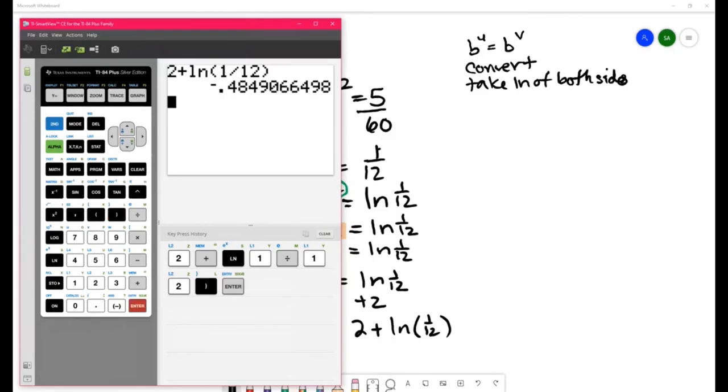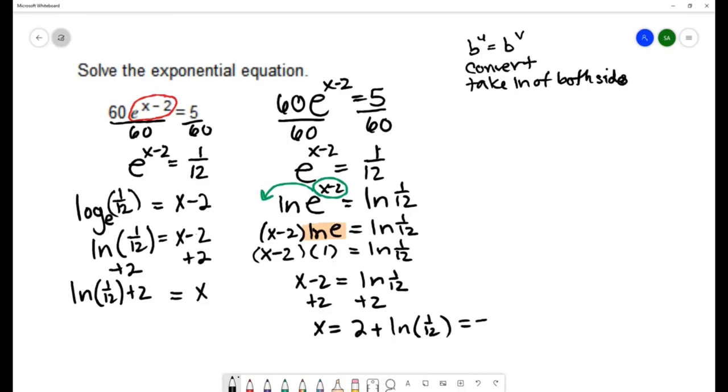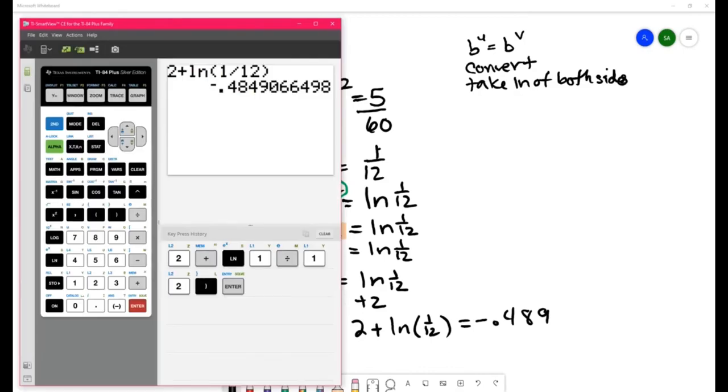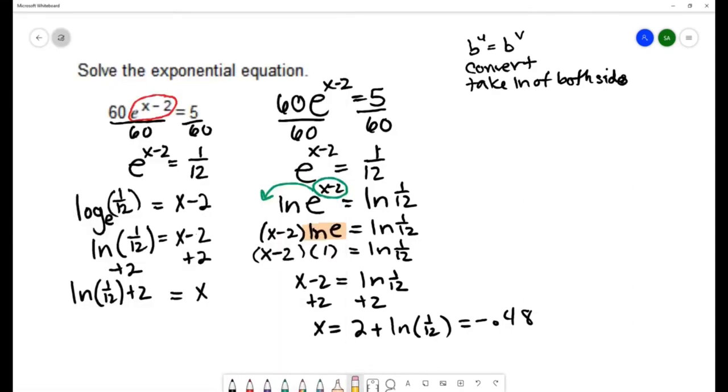And we'll round that to, let's say, 3 decimal places. If we round it to 3 decimal places, that would be negative 0.485. Let me just double check that. That would be 0.485.